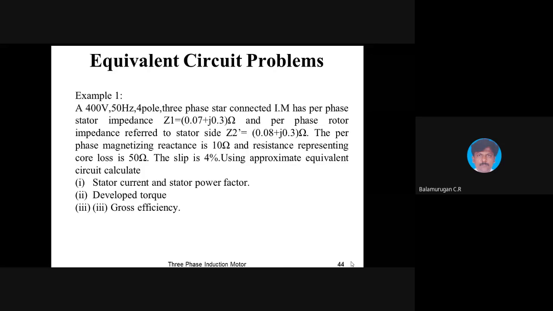So this will be the final expression. Gross torque is equal to 9.55 into 3 I2 double dash square R2 dash by S divided by NS. Okay, now it's okay.